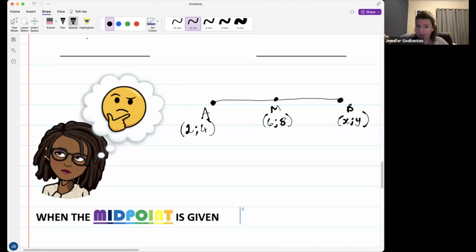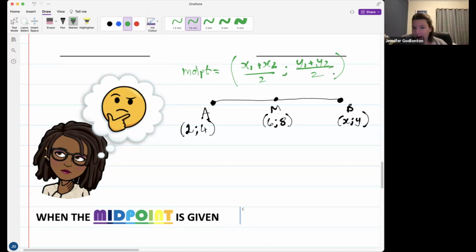You know the formula, how to work out the midpoint. Let's write that back quickly up here. Our midpoint formula is x1 plus x2 over 2 and y1 plus y2 over 2.